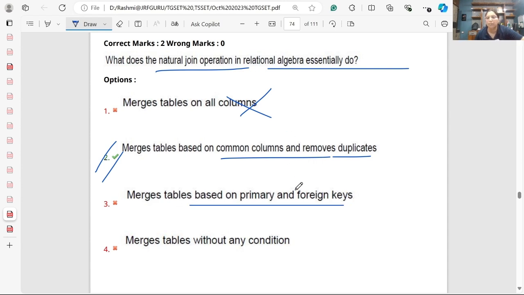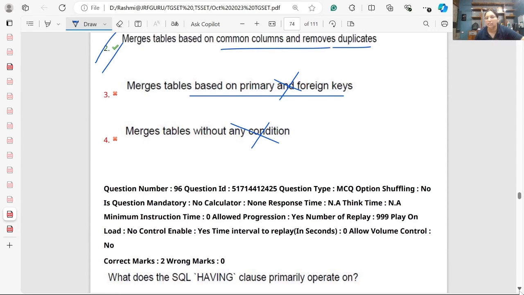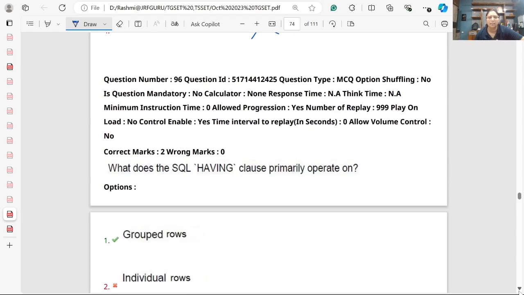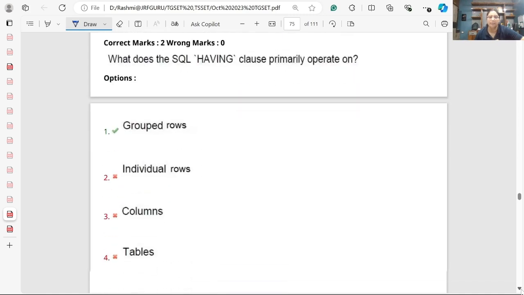Merge tables based on primary and foreign key, no. Based on the common column, it could be a primary key or not. Merge tables without condition, no. The condition is an equivalence condition. In a join operation we apply the equivalence condition. Natural joins have the equivalence condition, so without condition is not correct.